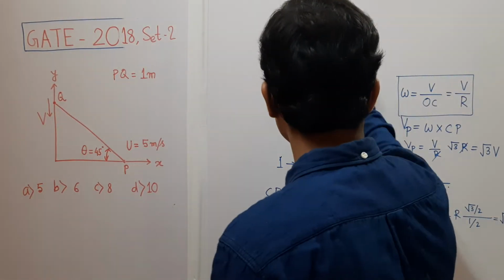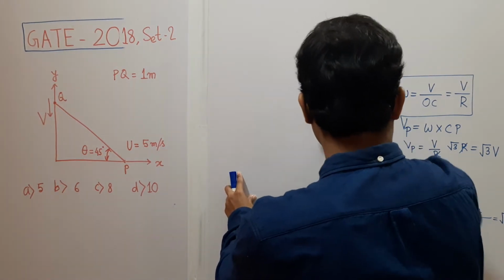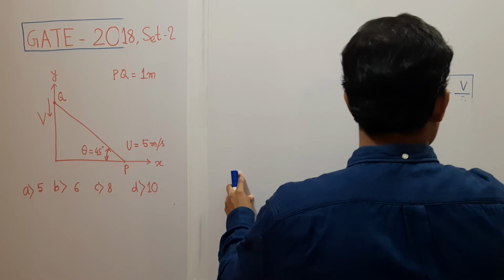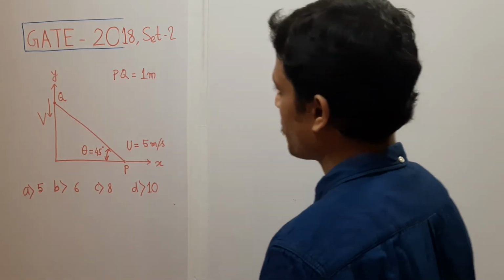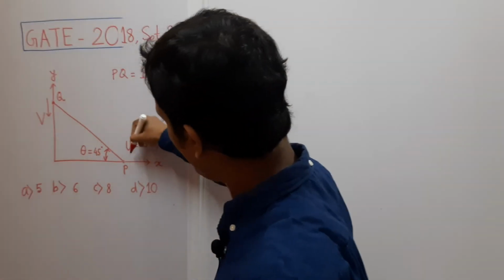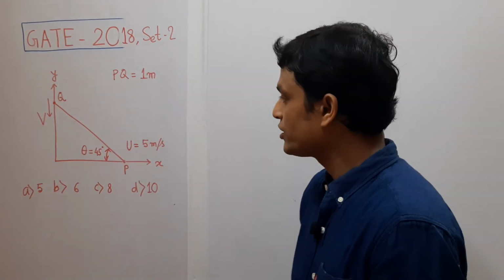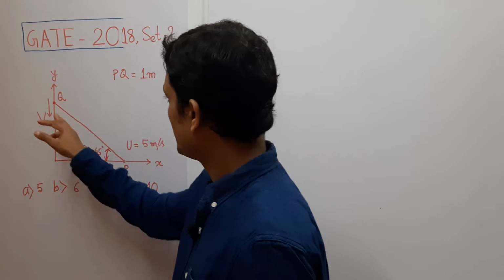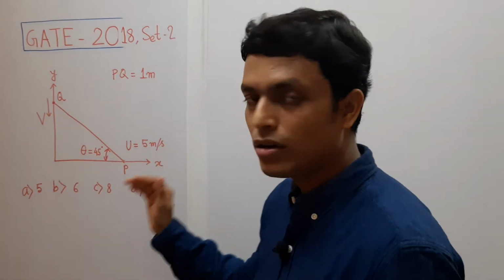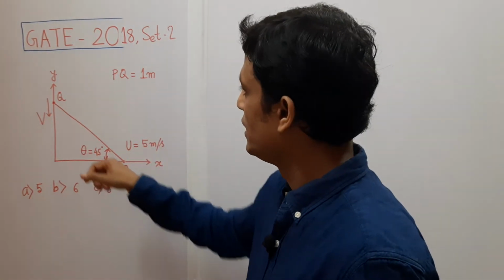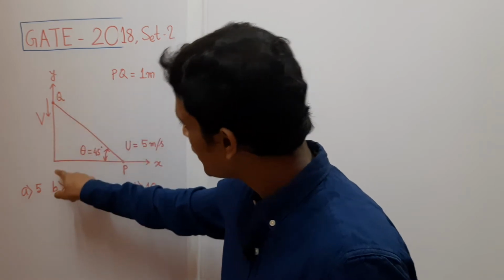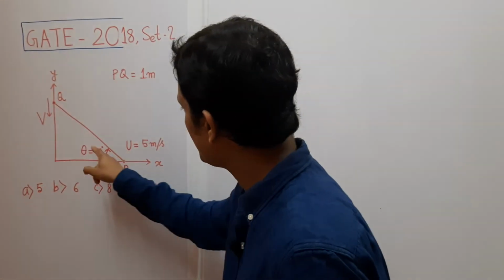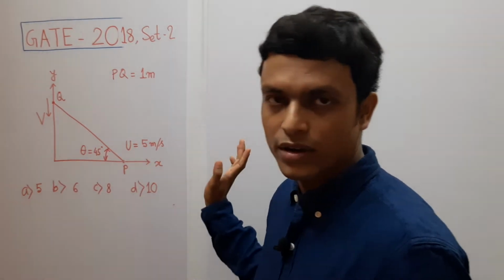So what will we do? For this rigid body PQ, we know the direction of velocity at two points. If the rigid body PQ does not lose contact with the wall, then point Q is restricted to move along y only, and point P is restricted to move along x only.